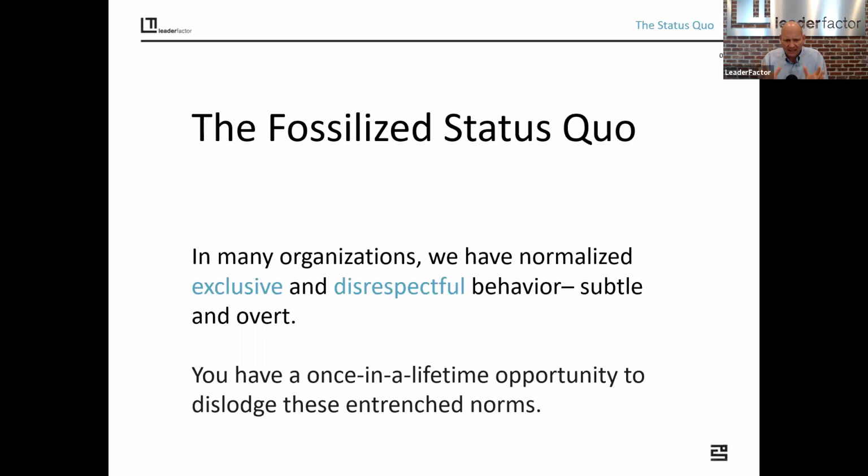So in many organizations, we have normalized exclusive and disrespectful behavior, both subtle and overt. And so what I'm sharing with you right now is that we have a once in a lifetime opportunity to dislodge these entrenched norms because of the pandemic that we're in.